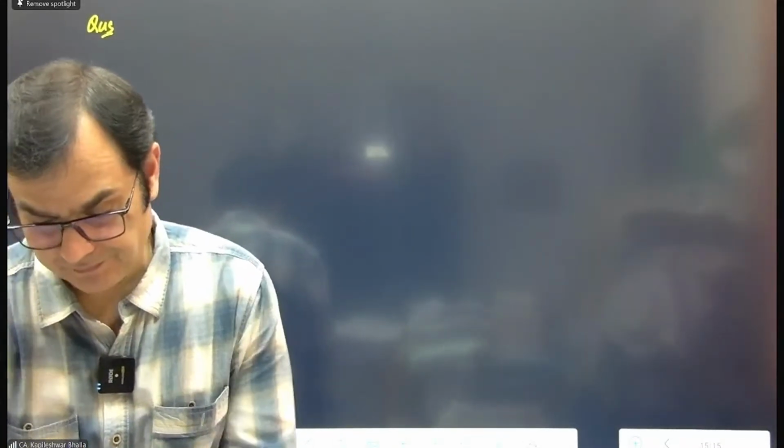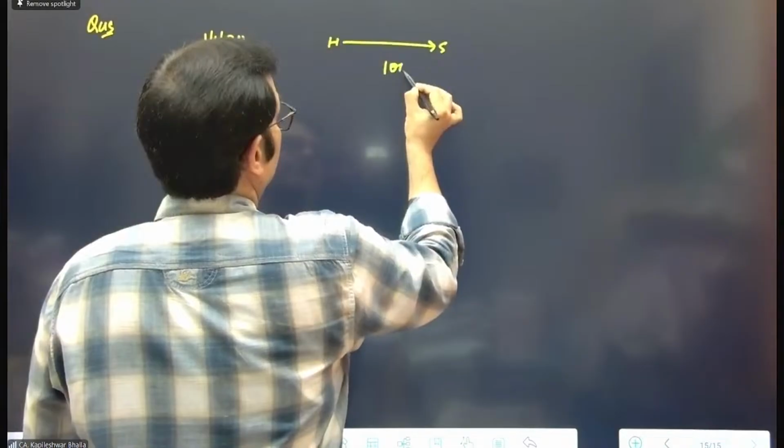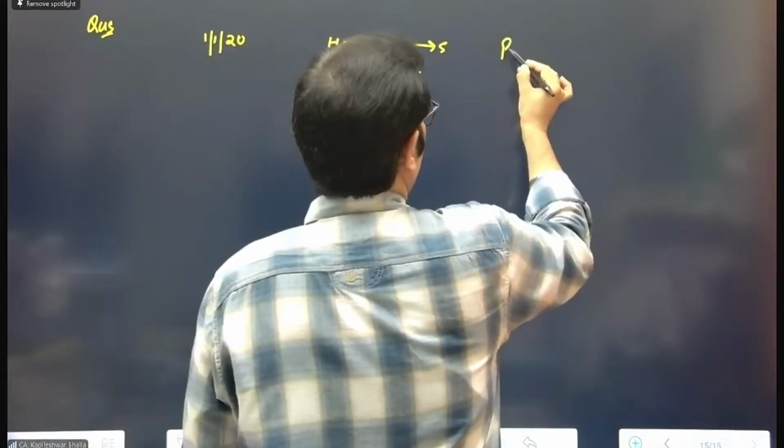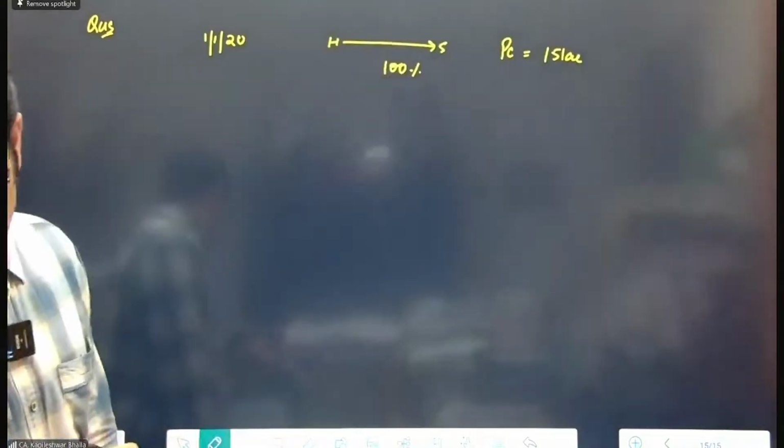Let's say, for example, on 1st January 2020, company H acquired 100% stake in company S for a purchase consideration of 15 lakhs.